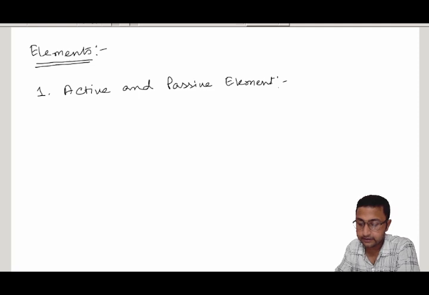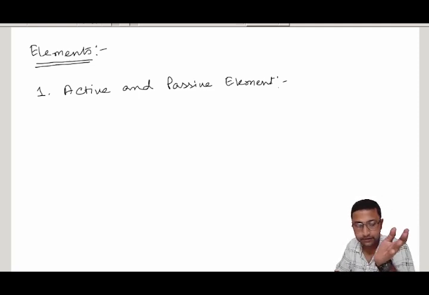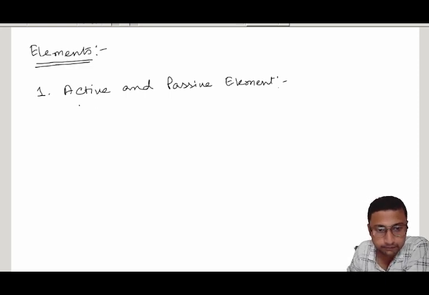If a circuit element has the capability of enhancing the energy level of the signal passing through it, then it is called an active element. That means examples of active elements are voltage source, current source, or semiconductor. That means it enhances the energy level of the circuit.